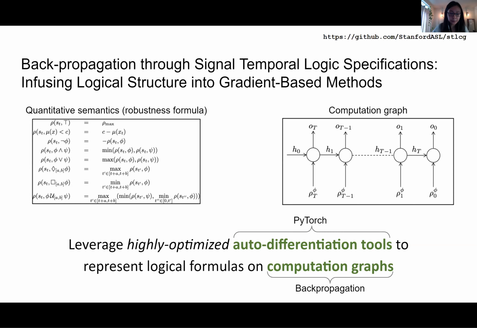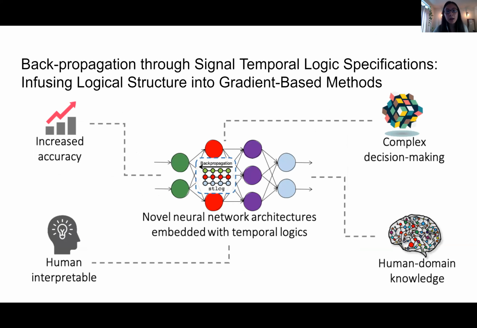Next slide, please. And in the paper, we provide a few illustrative examples to demonstrate how STLCG can be used in a variety of gradient-based methods, which I won't go into here. But I just want to point out that we're really excited about STLCG because it provides a very nice and simple way to embed logical structure into gradient-based methods.